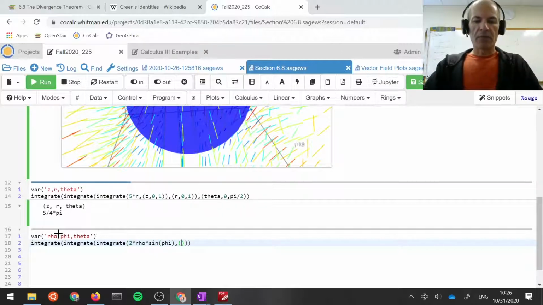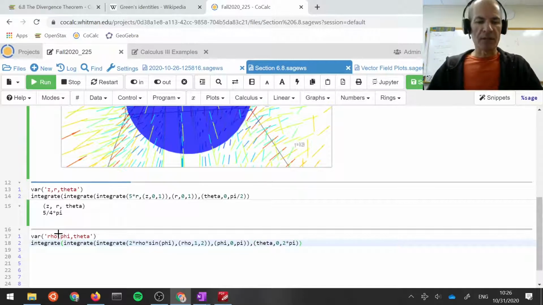And then we integrate rho from 1 to 2. Phi from 0 to pi. Looks like I've got a mismatched parenthesis here. Theta from 0 to 2 pi.